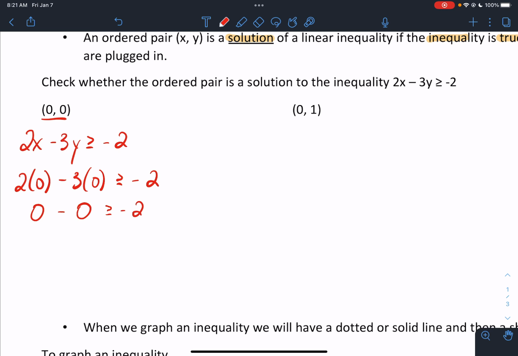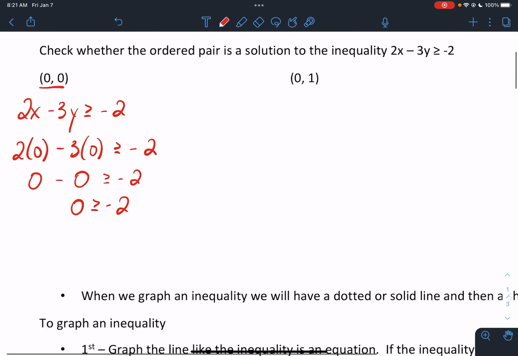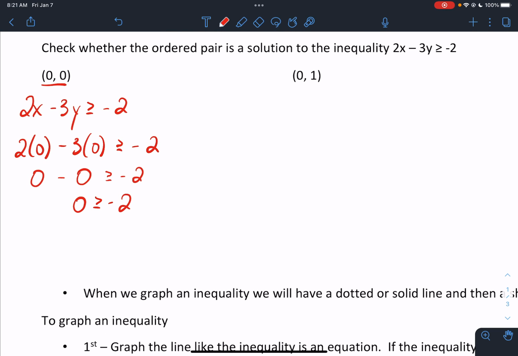And 0 minus 0 is also going to give me 0. And so I just want to see whether this is true or not. The way that you learned this way back when is the alligator eats the bigger number. And so this one is eating the 0. Is 0 bigger than negative 2? That is true. So that means that the ordered pair 0, 0 is a solution.